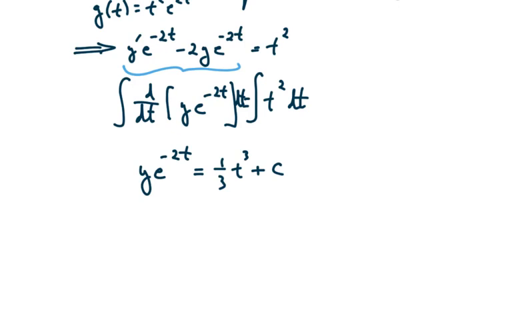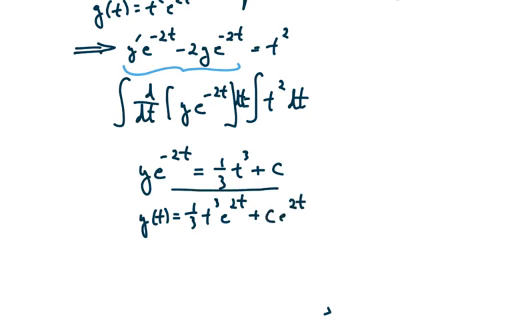And what's left now is to solve for y. So I'm going to multiply through by e to the positive 2t, and I have y of t equals 1/3 t cubed e to the 2t plus c e to the 2t. And so it's important to put your plus c in that previous step and not to add it at the very end here. So that's our solution to problem 1.